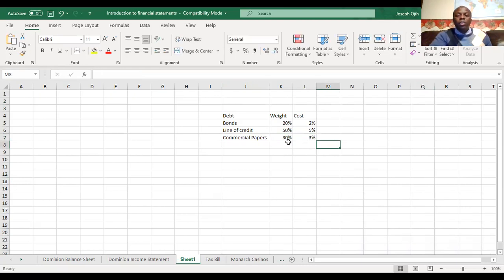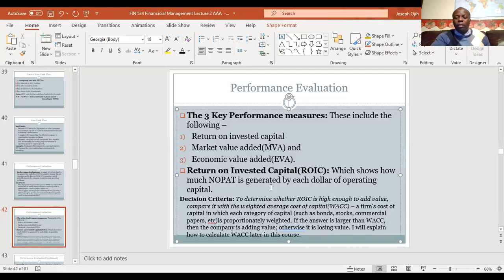So now, the weighted average of this debt is what we call the weighted average cost of capital. Okay. So back to our main topic. The return on invested capital, we calculate it and compare it with the weighted average cost of capital.